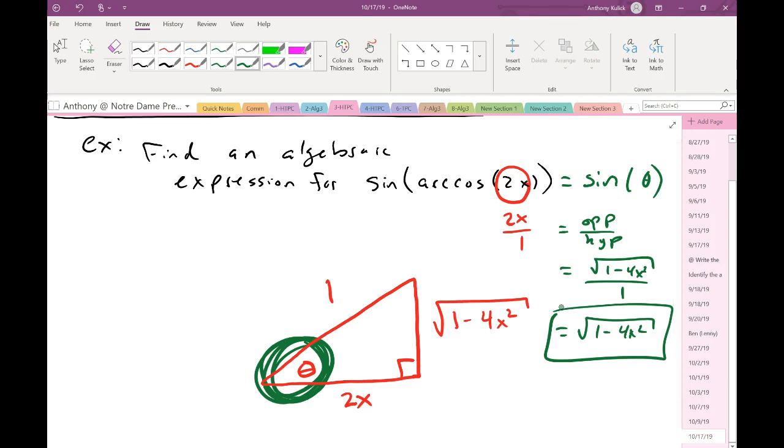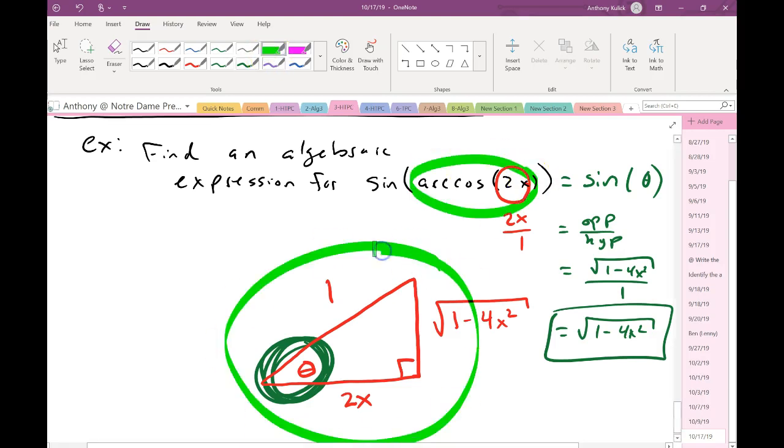So the idea there is we use the inside to build a right triangle, and then we use that right triangle to calculate the outside.